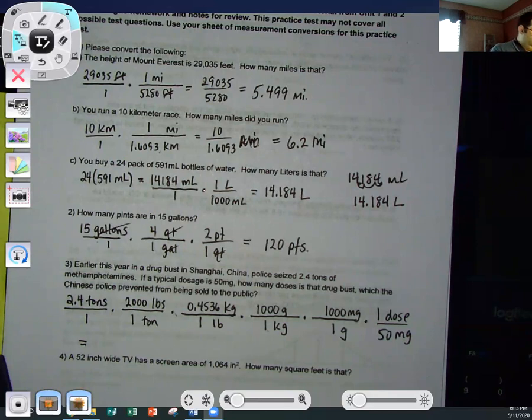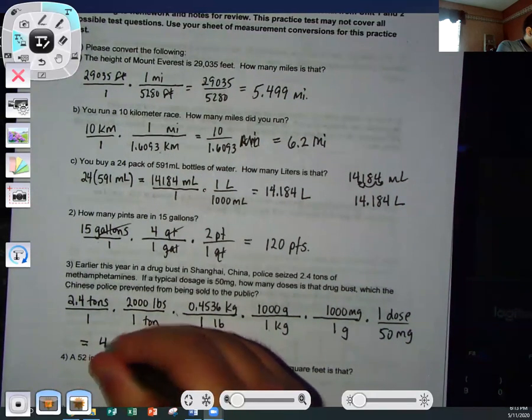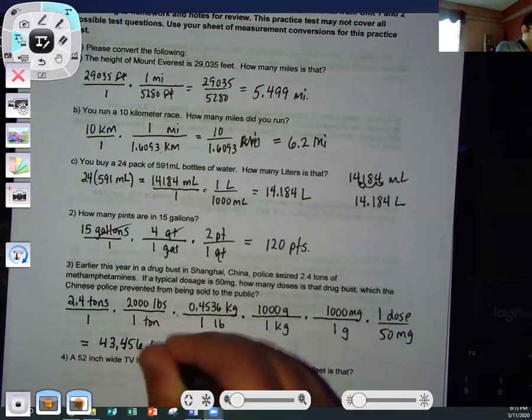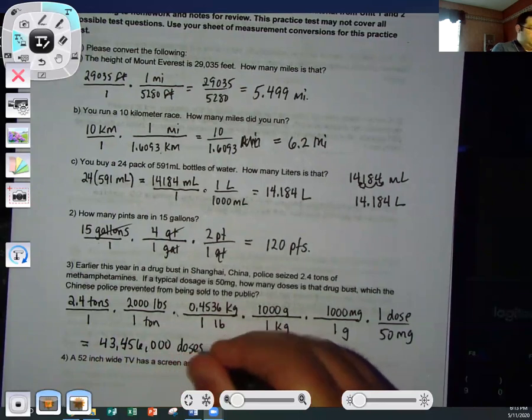So in that 2.4 tons, the police stopped 43,456,000 doses from being sold to the public.